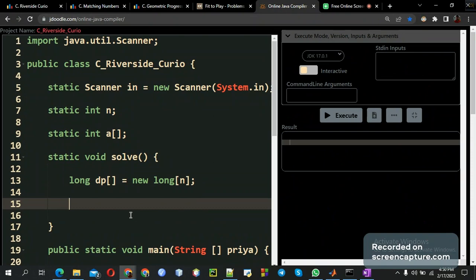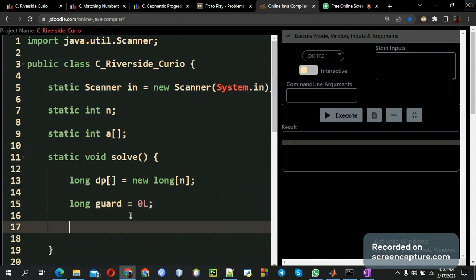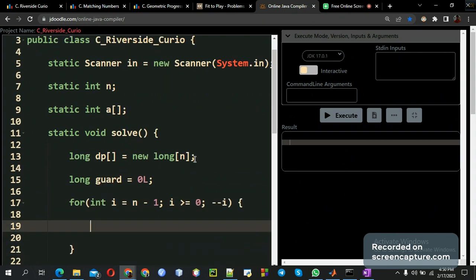Dp length is n because we have n consecutive days, and at the initial level, long guard, we have 0 guard. We will start iteration from the end of the array, moving from right to left.